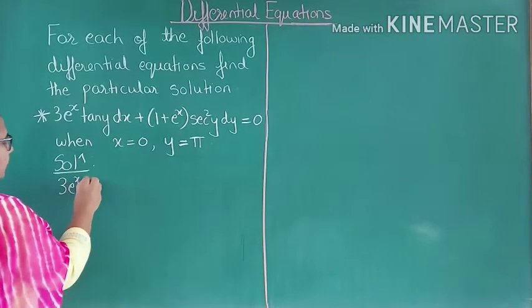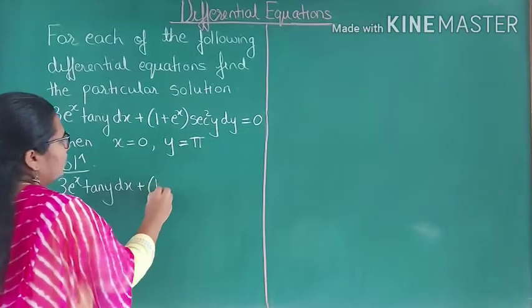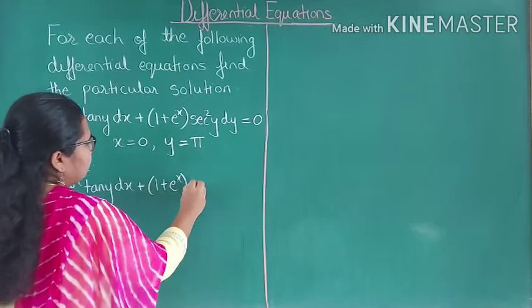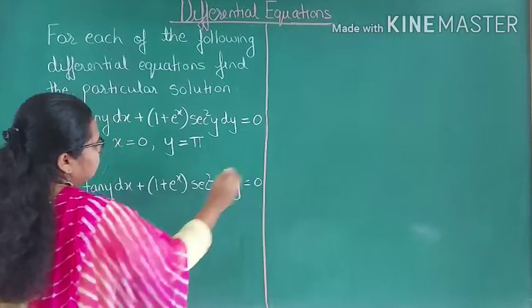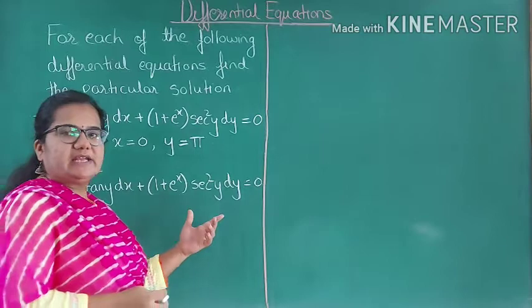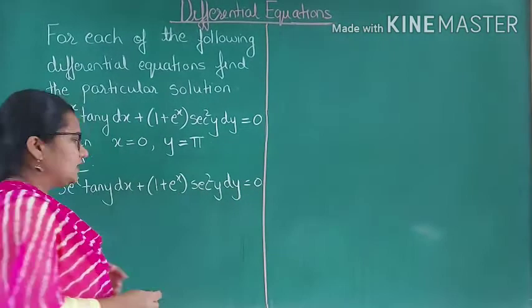3 e raised to x tan y dx plus (1 plus e raised to x) sec square y dy is equal to 0. Now first we will do the variable separation form, which we have studied earlier also. So we will take this term on the other side.